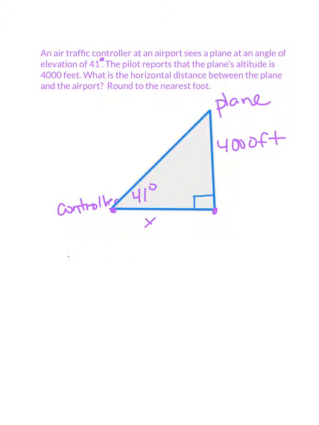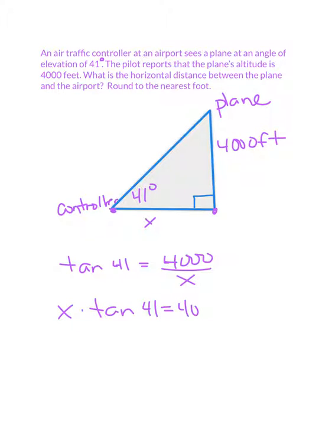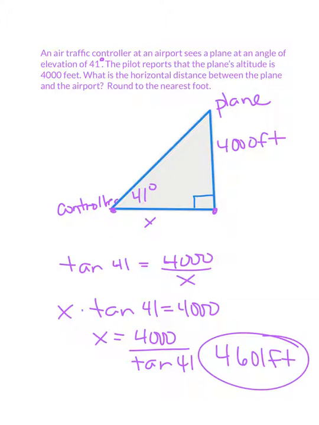So I'm going to use tangent of 41 is equal to 4,000 all over x. So I can take x times tangent of 41 is equal to 4,000. So x is equal to 4,000 all over tangent of 41. And when I round to the nearest foot, I have 4,601. That's the distance from the plane and the airport.